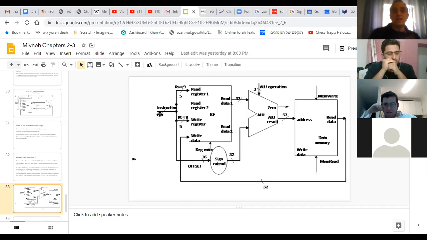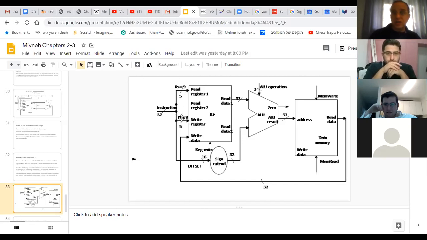In other words, obviously the 6 bits at the beginning are the opcode. We're not talking about that right now. But after the first 6 bits, the next 5 bits can go here, or the next 5 bits can go here, depending on what we're interested in.